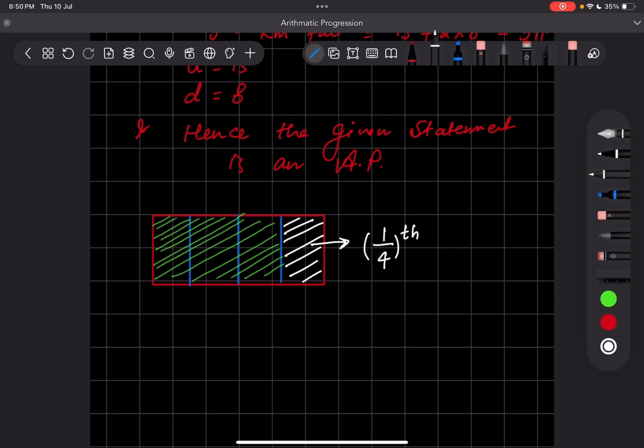So we can write it as, if the first volume was x, now the air remaining is 3 by 4 times of x.